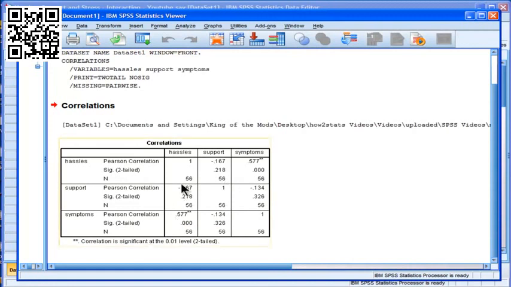Now, if I calculate a hassles by support product term, then very likely there's going to be some big correlations between those two variables independently with that product term. And I'll show you what I mean by that.